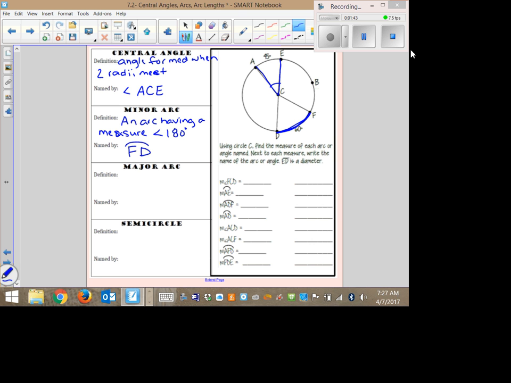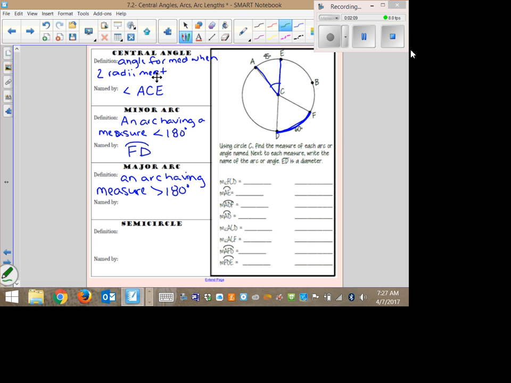Now a major arc is an arc having a measure greater than 180. So that would be something that goes further than halfway around.